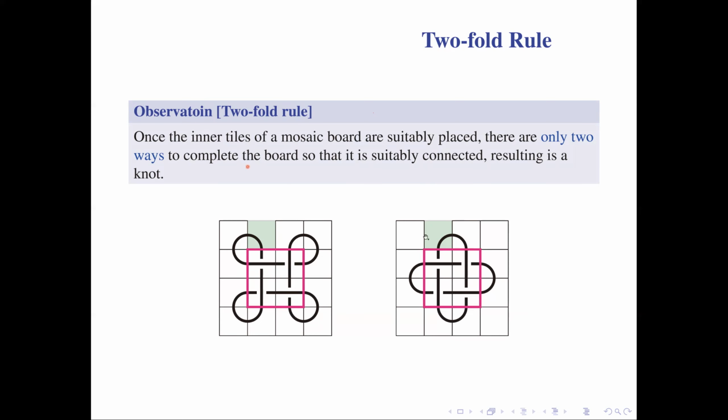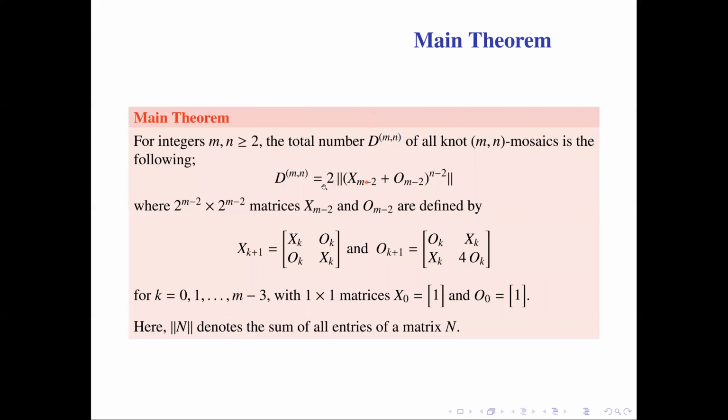Here, the double absolute value means the total number of suitably connected inner boards of size n-2 by n-2. And then we apply the twofold rule. Then we have the number.